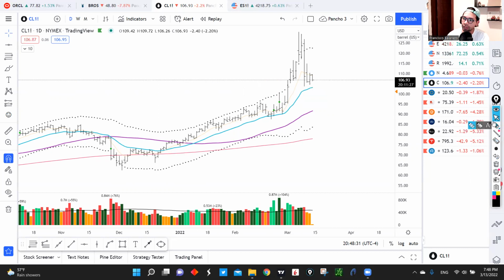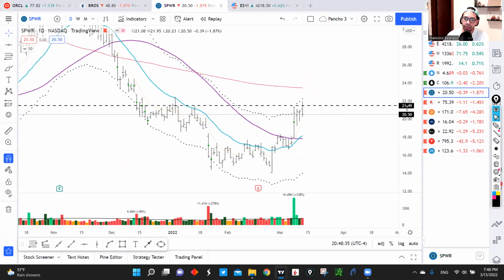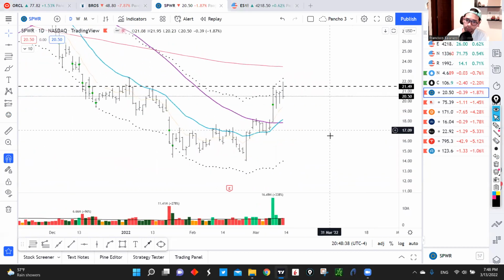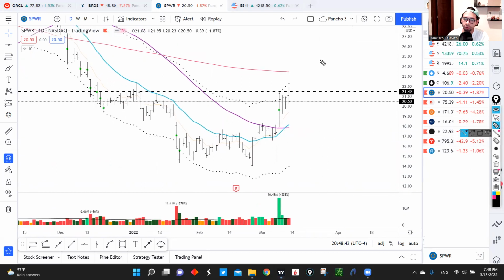And now let's go through some of the various charts that I'm watching right here. As you might know, we have a really strong move in solar, which is basically the TAN ETF, and we have many names from the solar sector that had a really strong week last week.